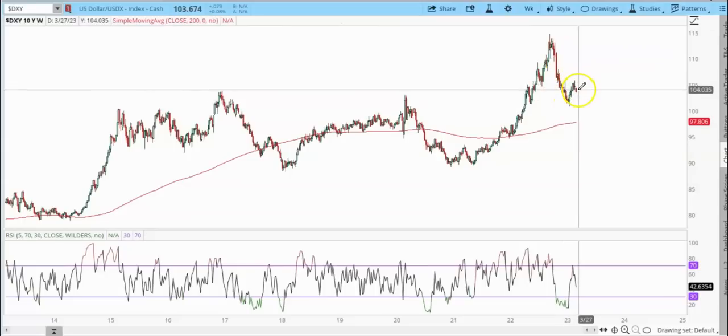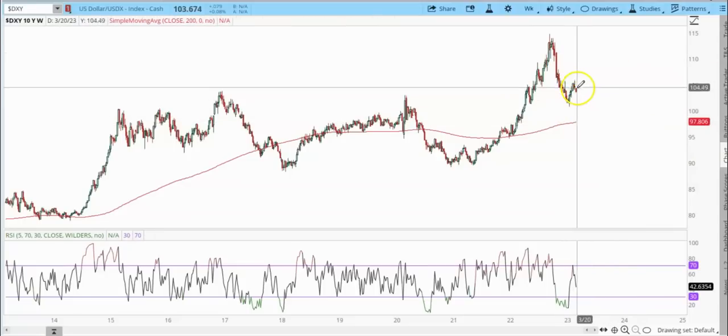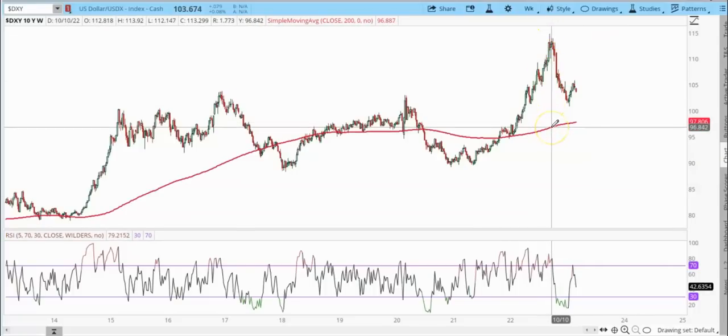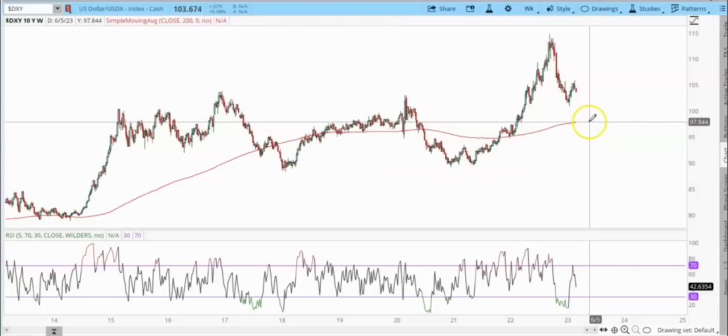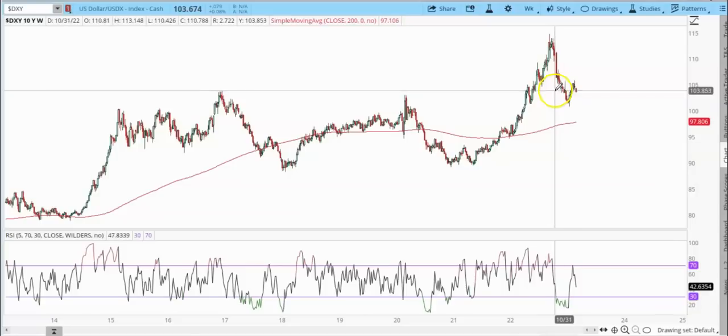But usually these regression events don't just come down to the mean and then start back up again. So you would expect with a stretch that's this far above the 200-day or 200-week moving average that price is going to drop considerably below that moving average before we get that final 3-year cycle low out here sometime in 24.